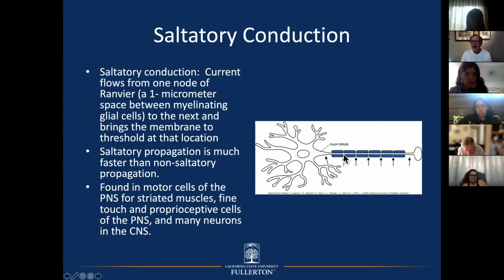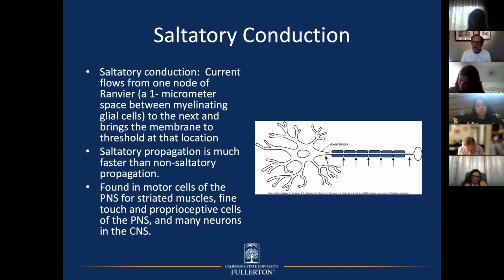So if you measure how fast this AP is moving, it's moving at its own speed, which is physiologically limited. How fast can that membrane do all these things? If it's myelinated, it has to go through all those physiological changes in permeability, et cetera, right there at the node.